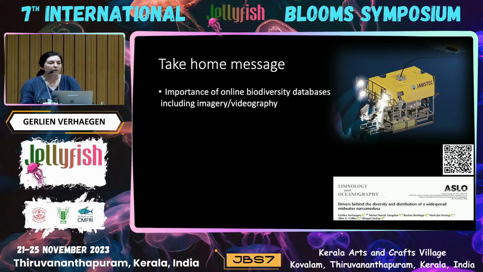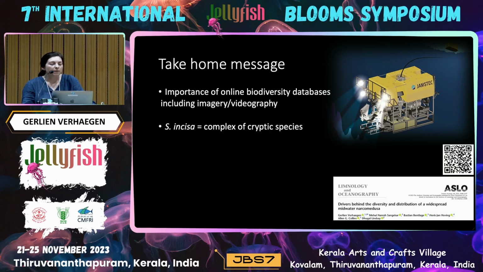So what can we conclude? I think I cannot stress enough the importance of online databases when it comes to doing deep sea research, when dealing with such a huge ecosystem. But please include some images or videos so that we can check the quality of your data.